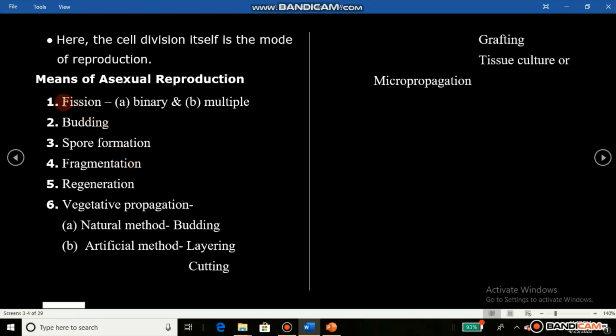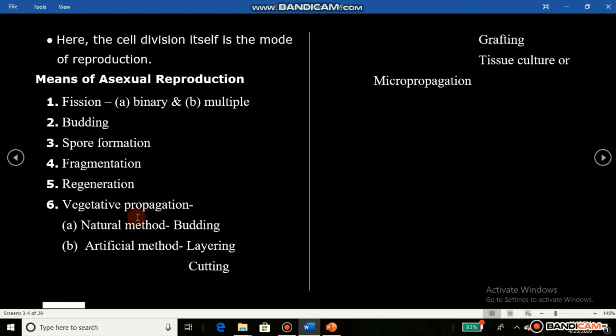Basically there are 6 types of asexual means of reproduction. Let me explain all of these one by one. First one is fission, and there are 2 types of fission, binary fission and multiple fission. Second is budding, then spore formation, fragmentation, regeneration, and vegetative propagation.